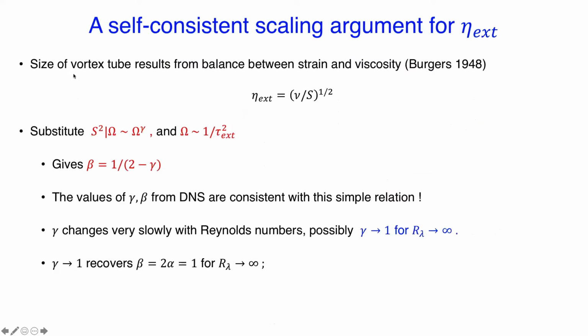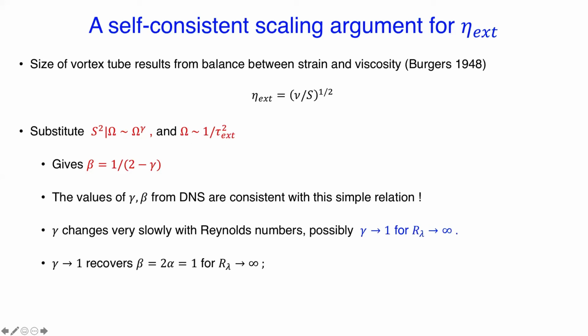So writing the same expression again, the eta x that we have can be written as some viscosity divided by strain to the power half. Instead of using S to be the mean value or the most extreme possible value, we will instead use this conditional value, where S squared conditioned on omega goes as omega to the power gamma. And this omega is the one which goes as the extreme gradient that we saw earlier.